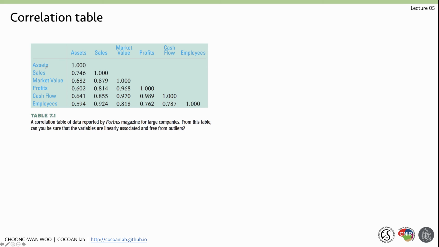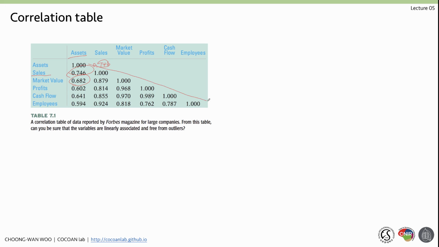I want to show you the correlation table. It shows the relationship between two variables, like this number is the relationship between sales and assets, and this is market value and assets. And because this is also sales and assets, the number should be the same, right?